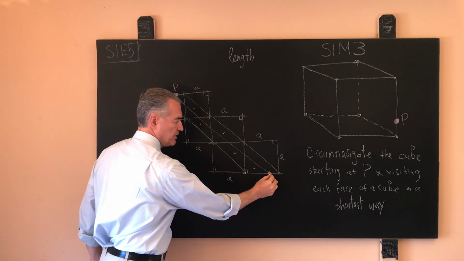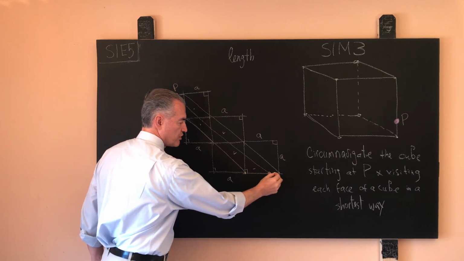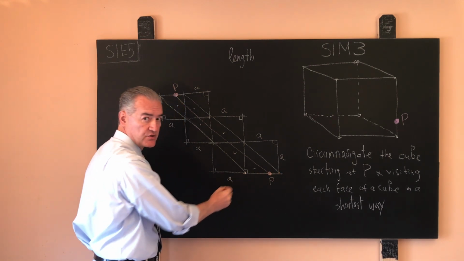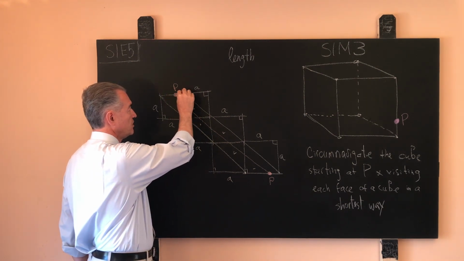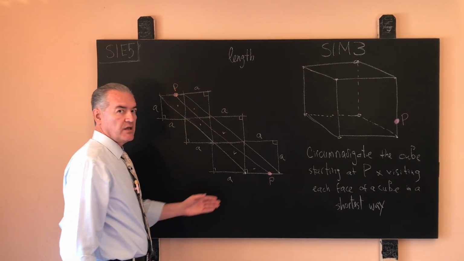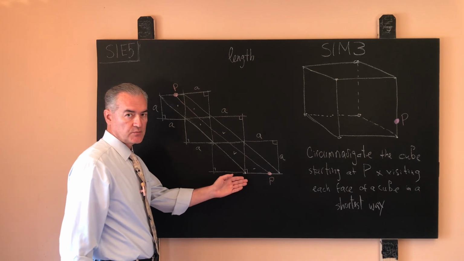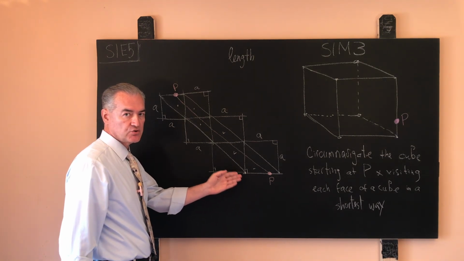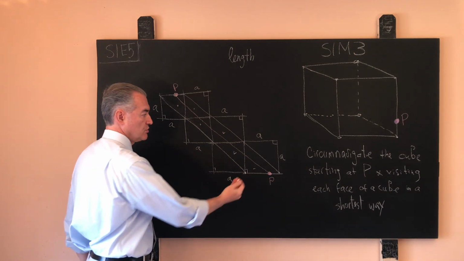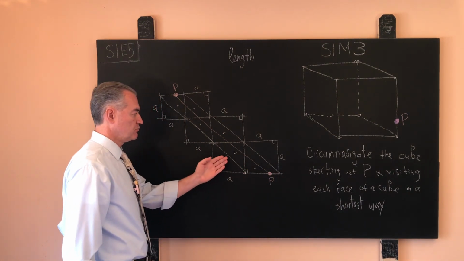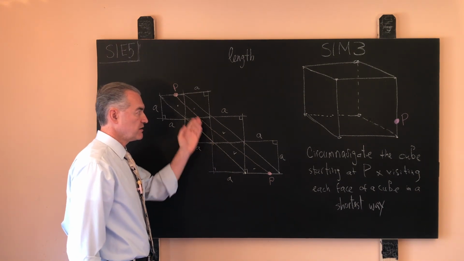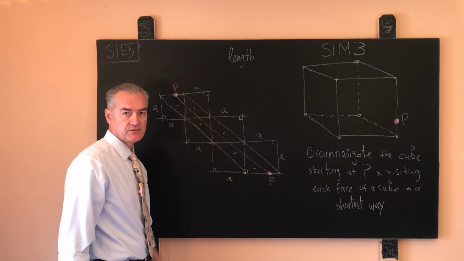Consequently, as the point P runs back and forth anywhere along the edge of a cube, the corresponding point P over here will also run in tandem, and a shortest circumnavigating orbit that touches all the faces of a cube will also move with these 2 points, consequently bound between this diagonal and this diagonal.